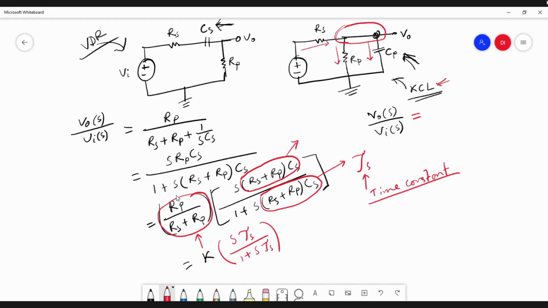So this is Vi. After applying KCL, we can say that Vi minus Vo divided by Rs, is it or not? Yes, sir. Equals Vo by Rp plus Vo by what? 1 over sCp.